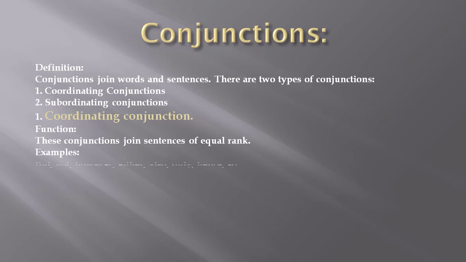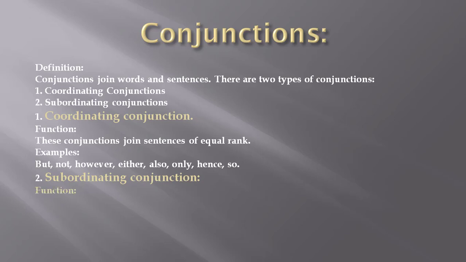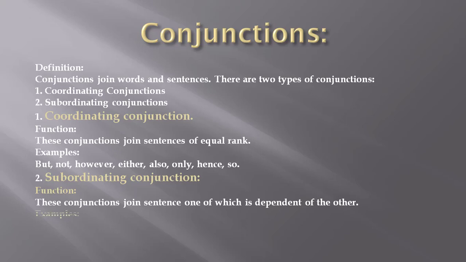Examples: but, or, nor, either, also, however, only, so, hence. Subordinating conjunctions join sentences, one of which is dependent on the other. Examples: because, that, while, unless, as, when, since, if, and though.